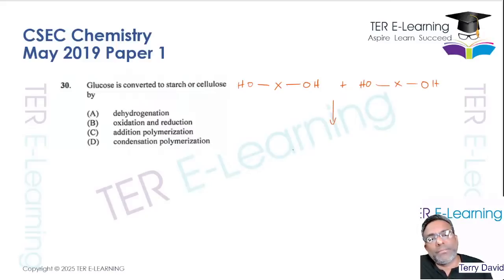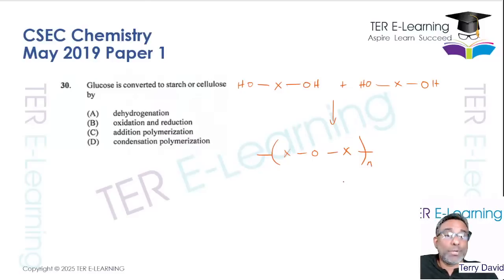When they combine, you're going to end up with X, O, X, and this is repeating n times. This is what we call starch, and this particular reaction is a condensation polymerization. So the answer is D. If we take glucose and combine it to get starch, that's a condensation reaction. That's number 30.